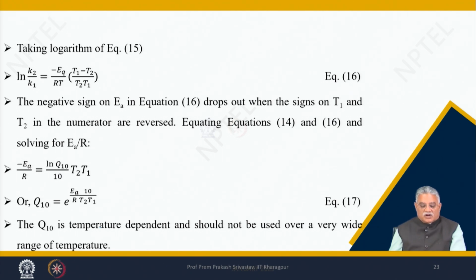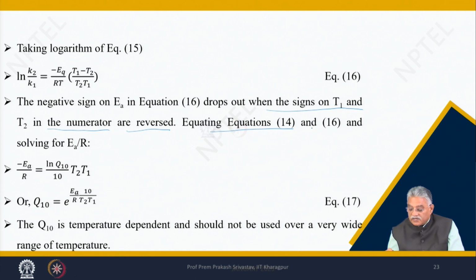Taking log of equation 15, this will be reduced to natural log of K2 by K1 is equal to minus EA divided by R into (T1 minus T2) divided by (T2 into T1). The negative sign of EA in equation 16 drops out when the signs on T1 and T2 in the numerator are reversed.